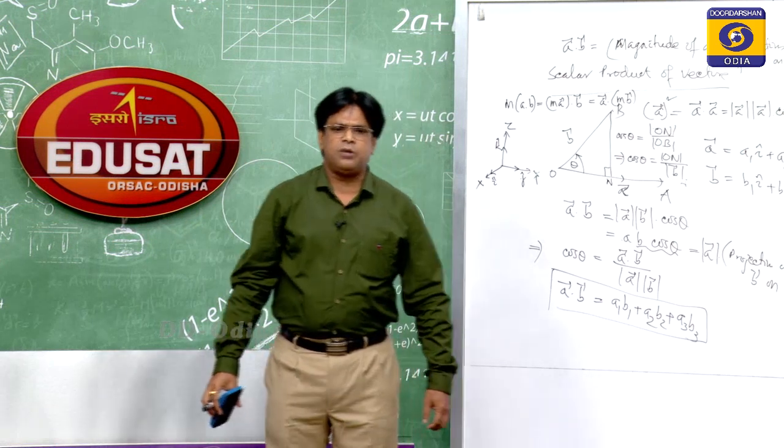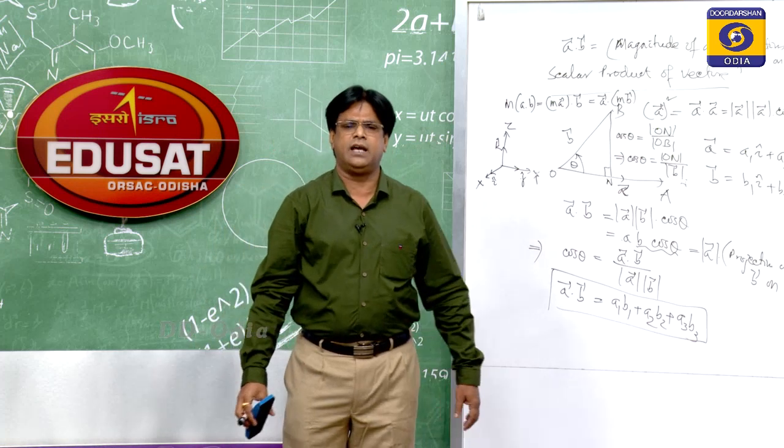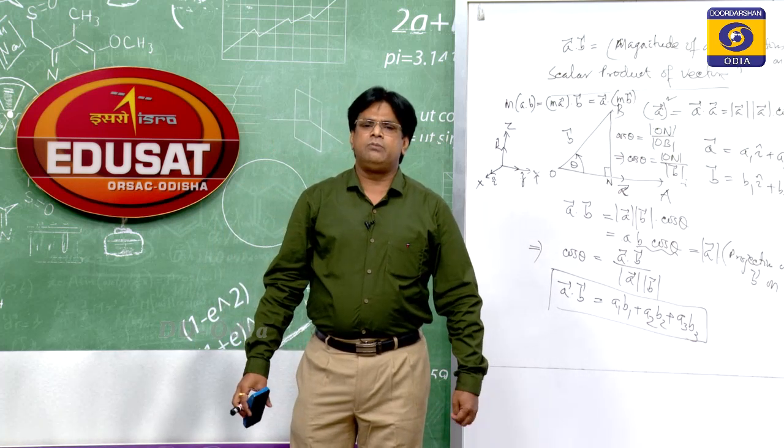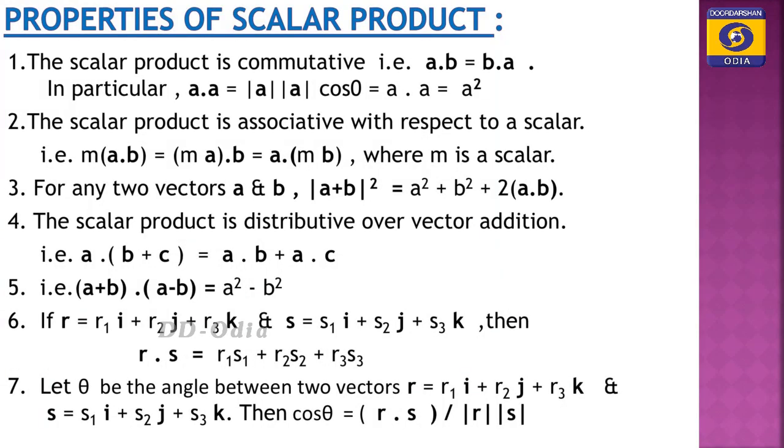Similarly, the scalar product is distributive over vector addition. Suppose the three vectors are A, B, C. So, A dot B plus C is equal to A dot B plus A dot C. Similarly, if R is a vector r1 i cap, r2 j cap, r3 k cap, and S is a vector S1 i cap, S2 j cap, S3 k cap, then R dot S is equal to R1 S1 plus R2 S2 plus R3 S3, as we have seen earlier, that is A dot B is equal to A1 B1 plus A2 B2 plus A3 B3.